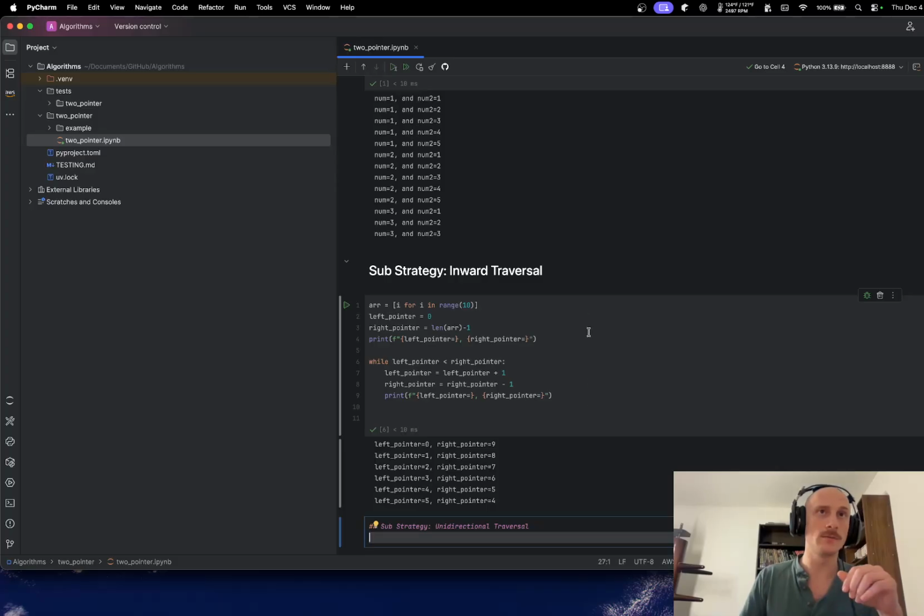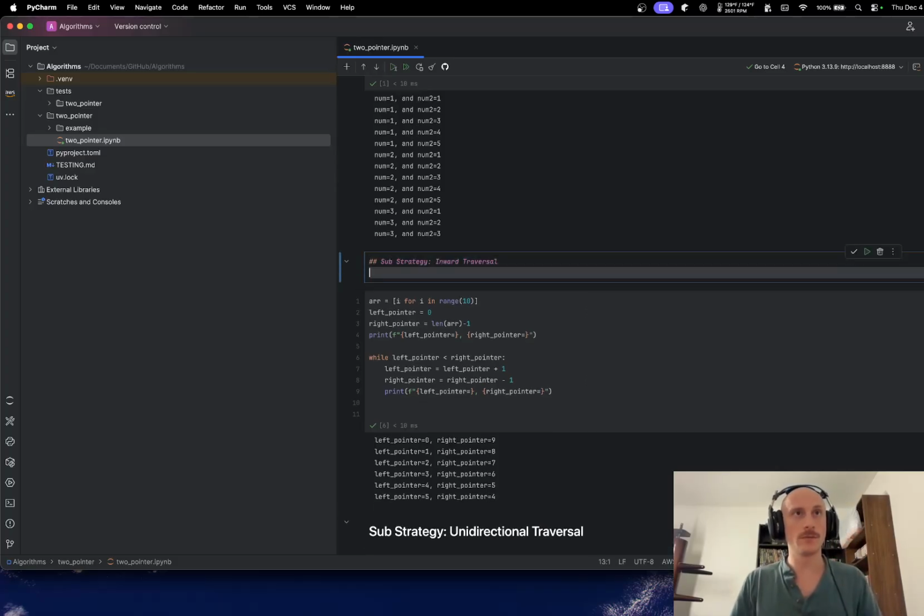So if we break these things down, inward traversal: inward, we can infer, means we start on the outside and make our way to the inside.